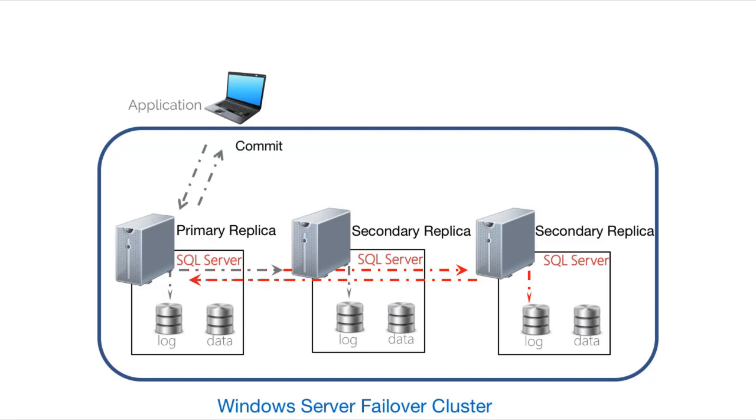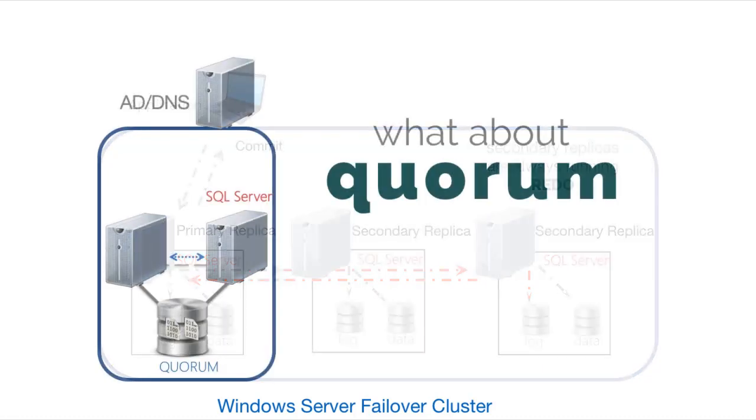Again, going back to what the business requires. You have to have an agreement with the business about the maximum allowable data loss that the business can tolerate. Thus, the choice between using either synchronous or asynchronous replicas. Under the covers, the secondary replicas are always running the redo process. This is replaying the transaction log records on the secondary replicas.